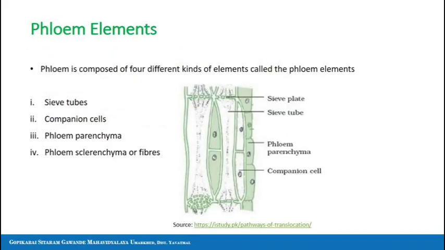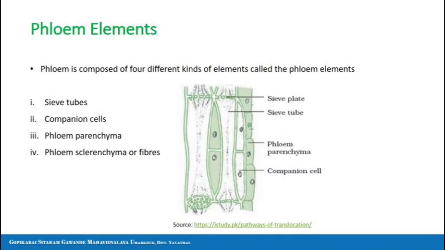The phloem is composed of four different kinds of elements called phloem elements. These are the four elements: sieve tubes, companion cells, phloem parenchyma and phloem sclerenchyma, also known as phloem fibers. The sieve tubes are cylindrical tubular structures made up of elongated thin wall cells placed end to end in several vertical rows.